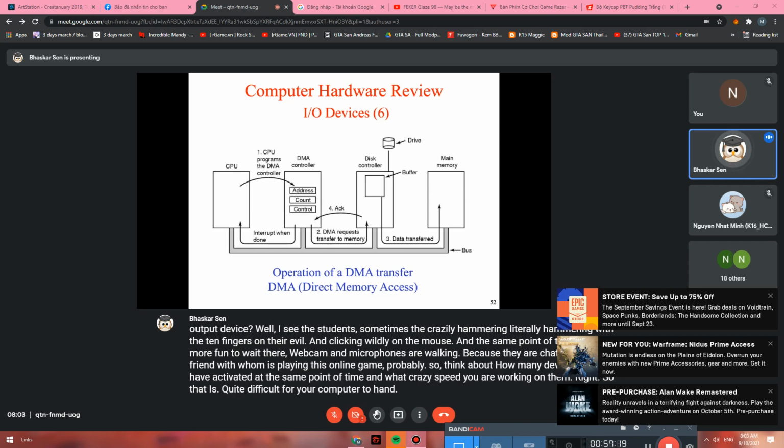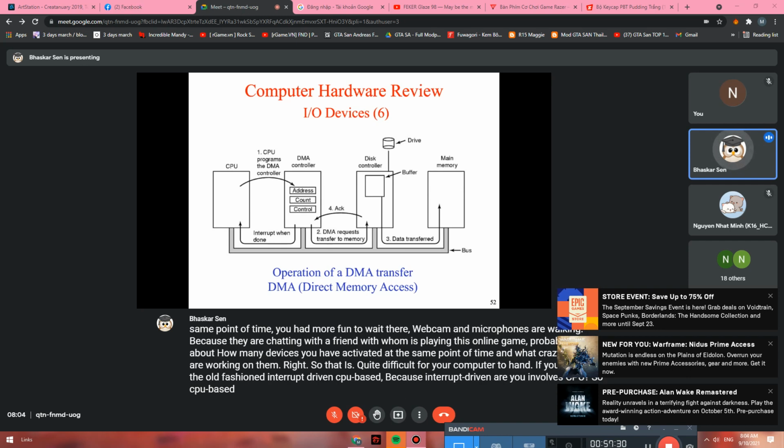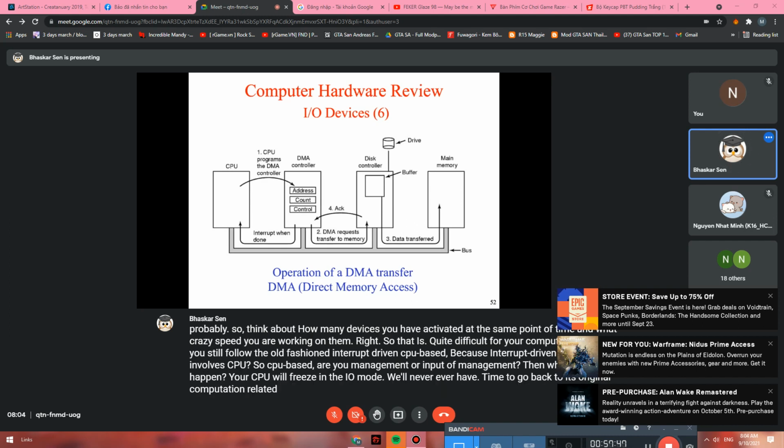If you still follow the old-fashioned interrupt-driven, CPU-based I/O management, because interrupt-driven I/O involves the CPU, then what will happen? Your CPU will freeze in the I/O mode and will never have time to go back to its original computation-related jobs.